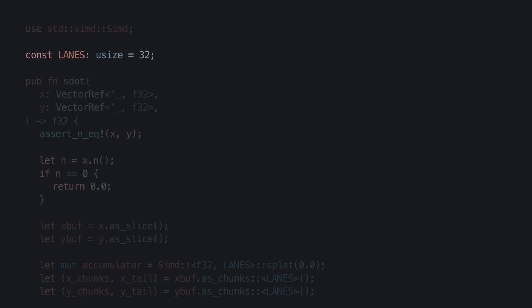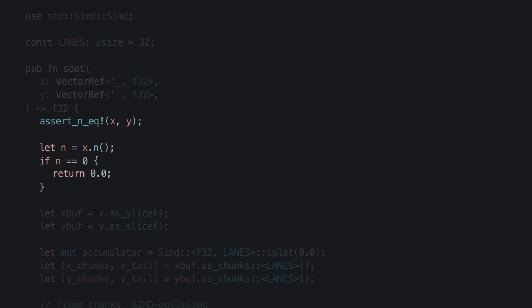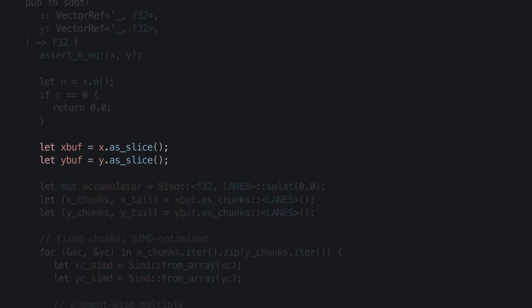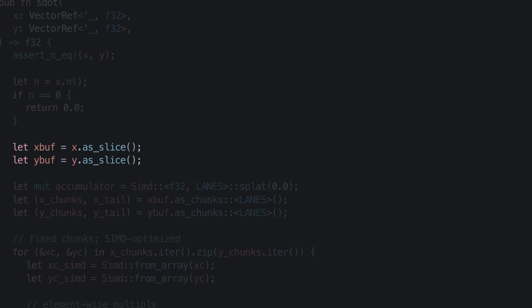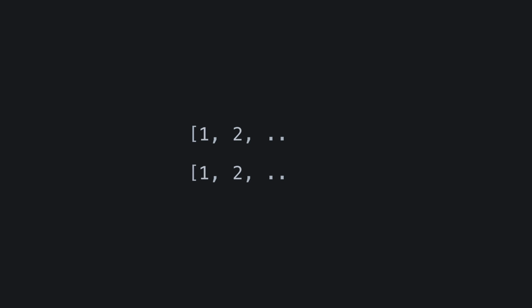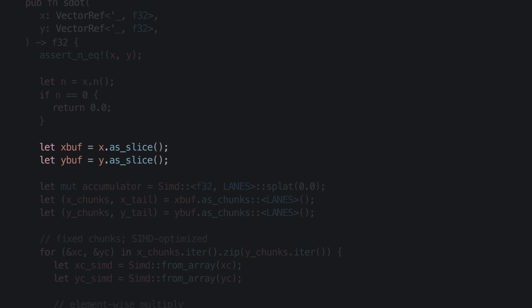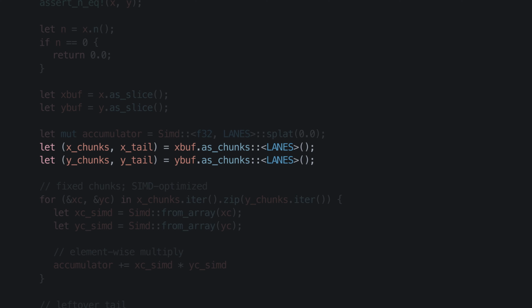Next, we add a quick return for vectors of length 0. When there's no work to do, we return immediately. We access the internal buffers of both vectors and split them into chunks of 32 elements.